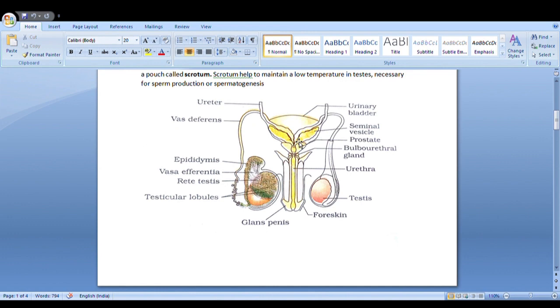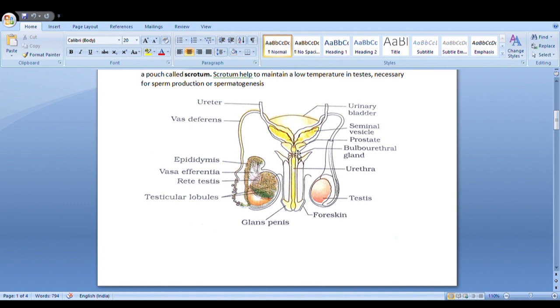joins here. Vas deferens receives duct from seminal vesicle. You can see seminal vesicle on both sides, paired gland. Duct from seminal vesicle opens into the vas deferens. Then the two vas deferens join together to form the ejaculatory duct and pass downwards.